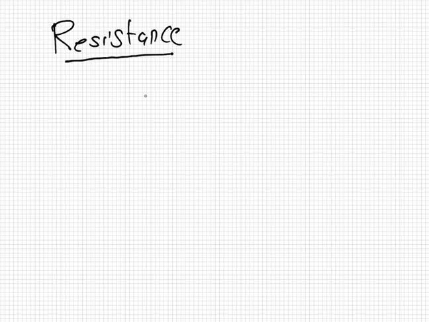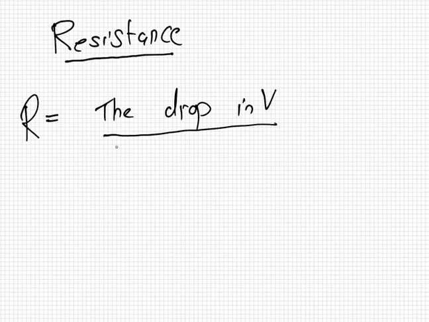It doesn't like the electrons moving through it. So resistance can be defined as a formula like this. R equals the loss in voltage, or the change in voltage, or the drop in voltage, all over the current.